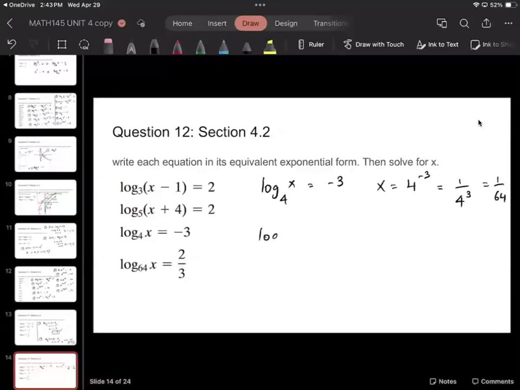Okay, log of x to base 64 is 2/3, which means x is 64 to the power of 2/3, which is the cube root of 64, squared. So what is 64 again? 4 cubed, right? So this is going to be the cube root of 4 cubed, the whole squared, which is 4 squared, 16.